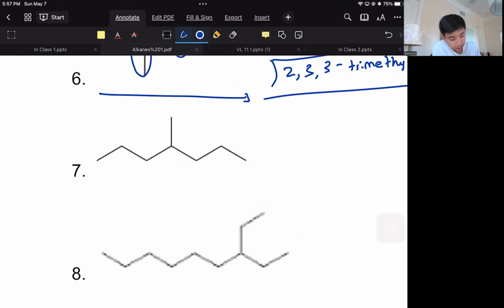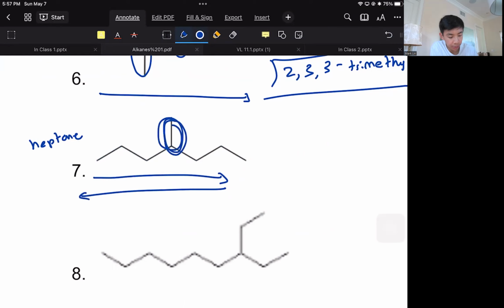All right, 7. This is pretty obvious, but the leading strand is going to be this one. It's the longest one. So it's going to be 1, 2, 3, 4, 5, 6, 7. So since it's 7, it's heptane. And then going left or going right really doesn't matter, because this branch is in the middle.